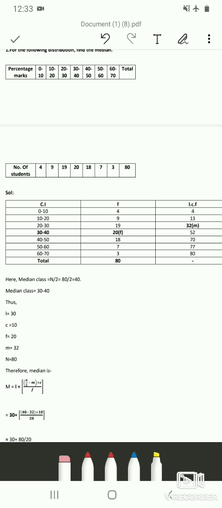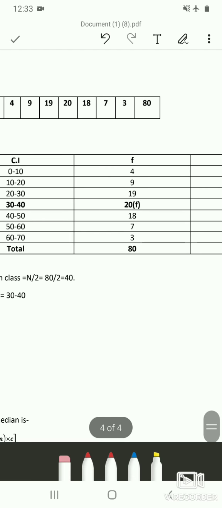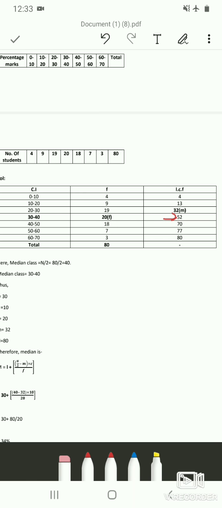So to get the median class, check in the LCF table for the value that is greater or equal to 40. So that is nothing but 52. So the corresponding class interval will be your median class. So here the median class corresponding to the LCF 52 is 30 to 40. Therefore 30 to 40 class interval is your median class.